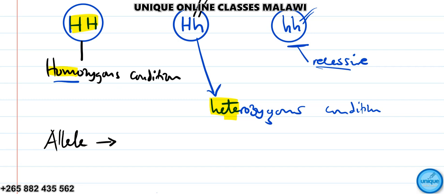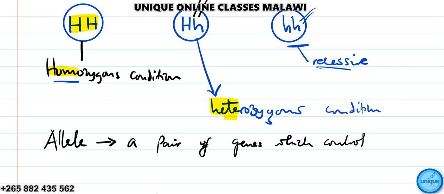So an allele is a pair of genes which controls a character. Genes come in pairs because we take one from one side and the other from the other side, from two different parents, to control a character. That is what we call an allele.